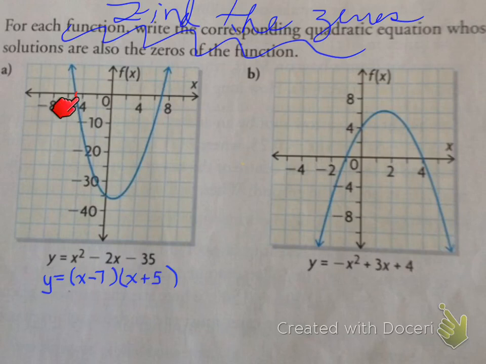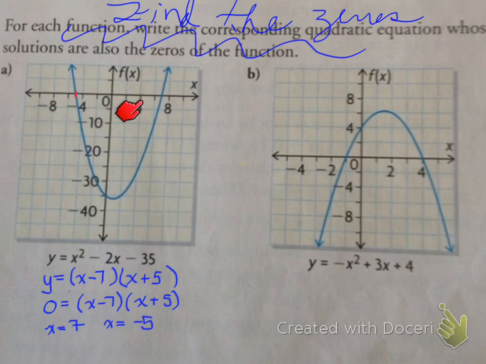And look, folks, when we look at the root, when we set it equal to 0, because remember a root means the zeros, we have x equals 7, and that was this number right here, and x equals -5, and that is this number right here. So interesting, the graph and the equation give us the same answer. Let's hope it does. Anyways, moving on.